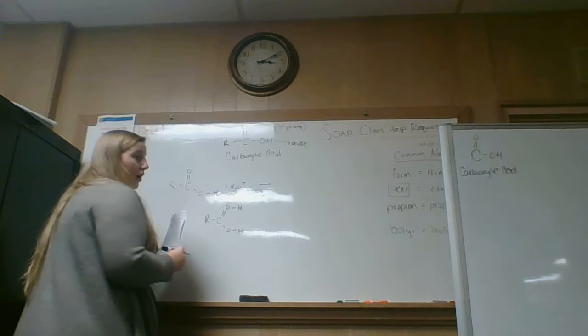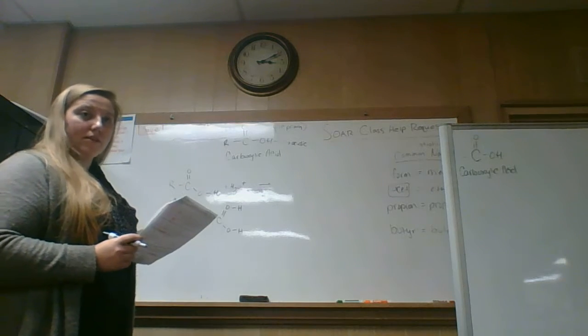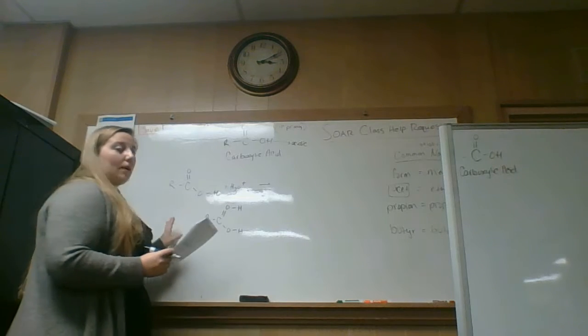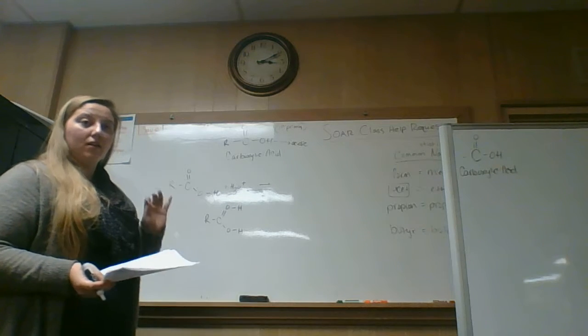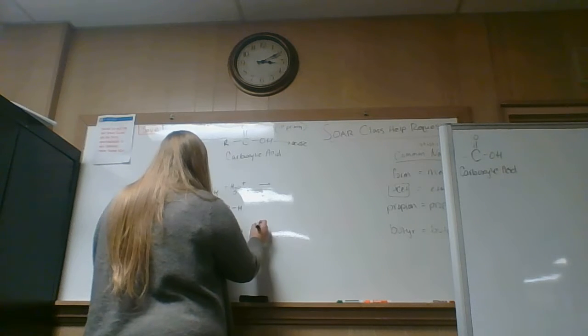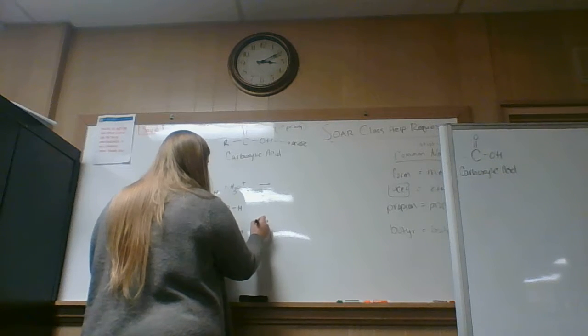Okay, so that was the acidic side of a carboxylic acid. Now we're going to talk about the basic side. So carboxylic acids are only weakly basic, okay? They're really not considered a strong base at all, not even relatively strong.